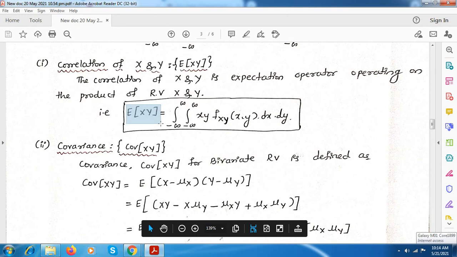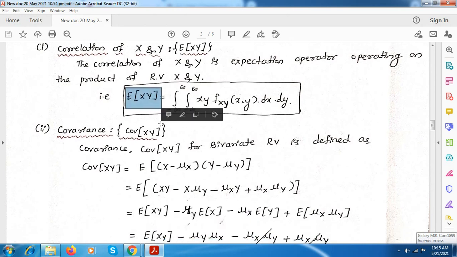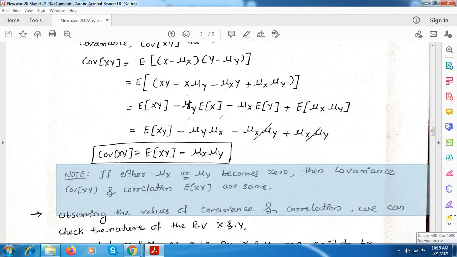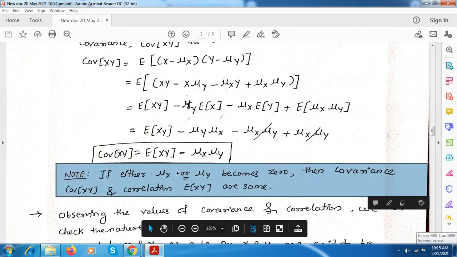So when either of the mean values is 0, the covariance will become equivalent to the correlation of x and y. This is the note point. Just take down this. If any one of the mean values becomes 0, then the covariance of x and y and the correlation, that is the expectation of xy, these both are the same.